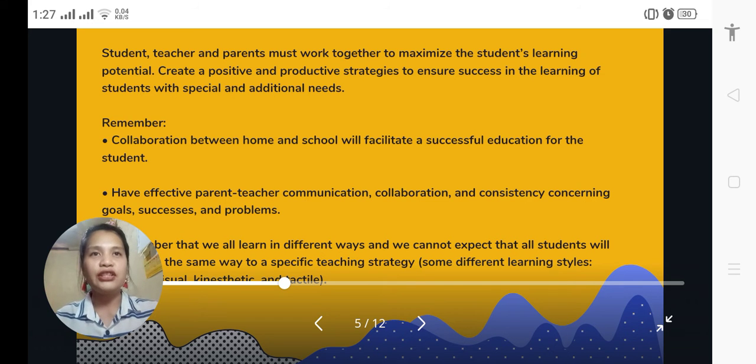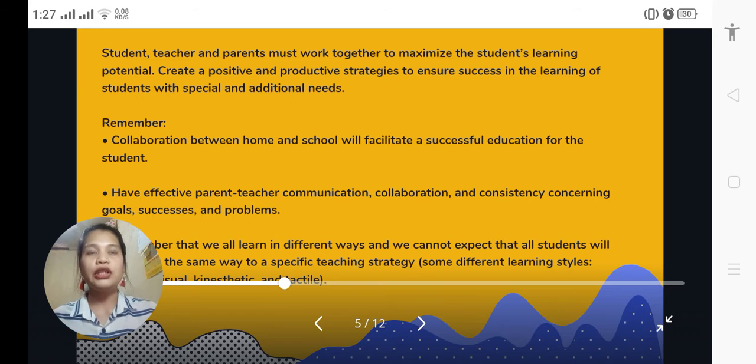Second, have effective parent-teacher communication, collaboration, and consistency concerning the goals, successes, and problems. We should have meetings with parents so that they are aware of the child's progress.